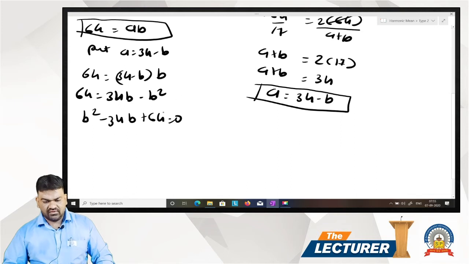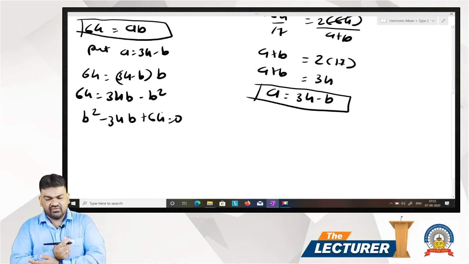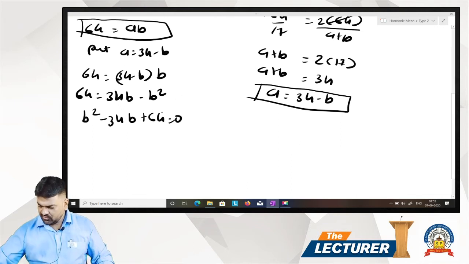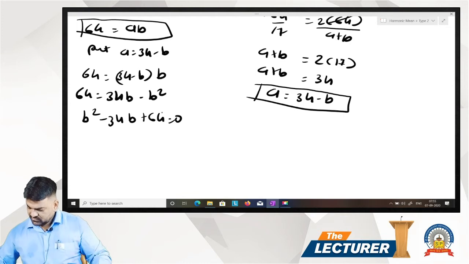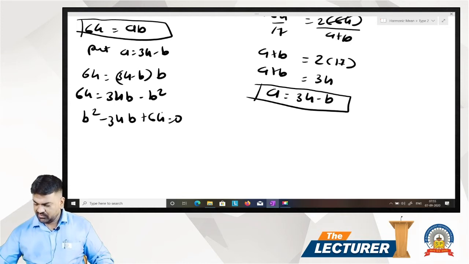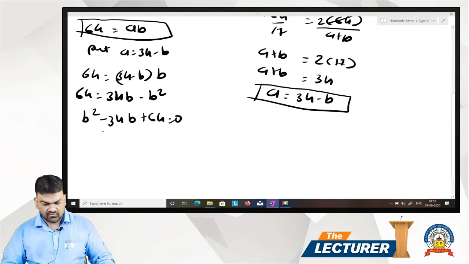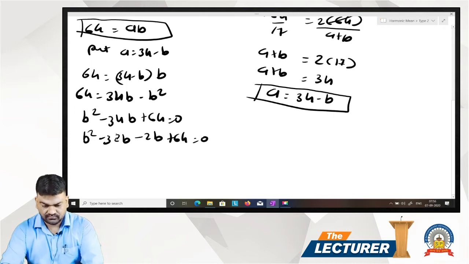Now we have to split 64 into parts whose sum is 34: 32 multiplied by 2 is 64. So B square minus 32B minus 2B plus 64 is equal to 0.